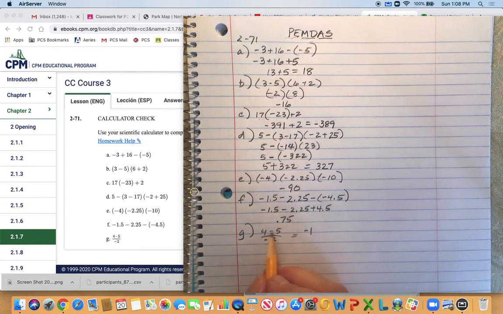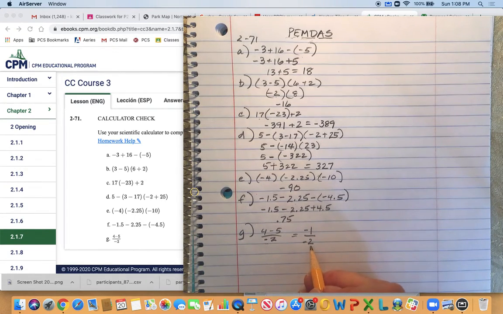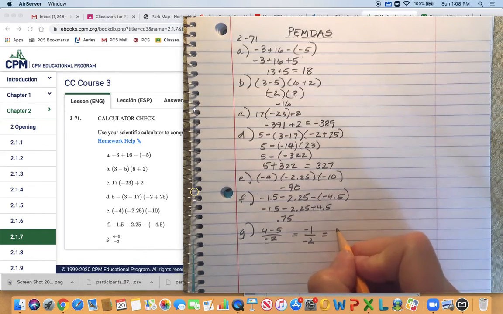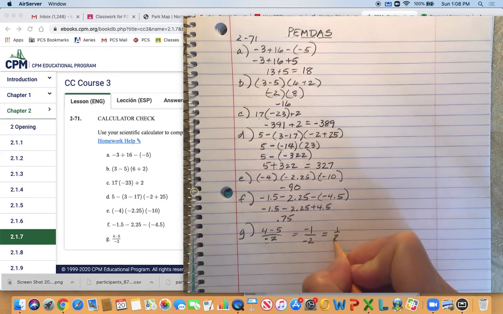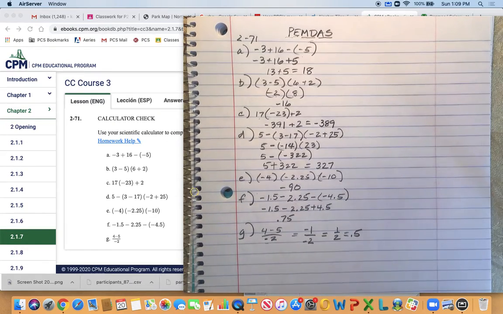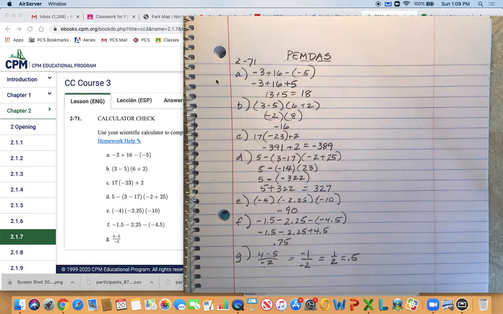All right, so we've taken care of the top. 4 minus 5 is negative 1. And below, we still have the negative 2. Now, a negative divided by a negative is a positive. And so because of that, we can just take away those two negative signs and just put 1/2, or that's also equal to 0.5.